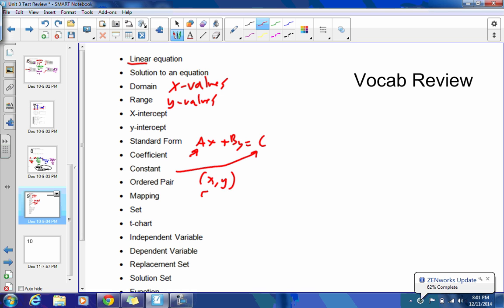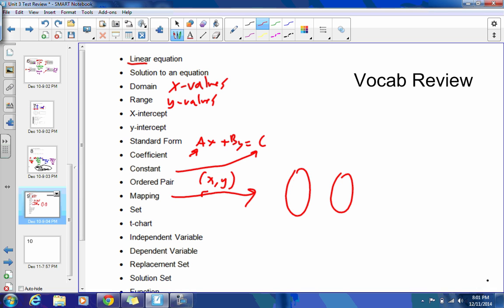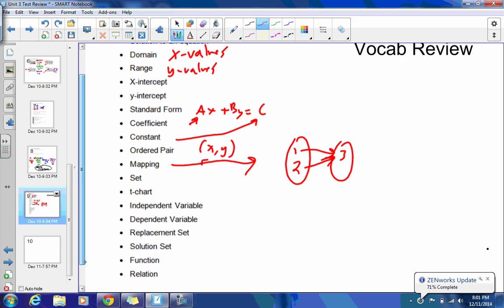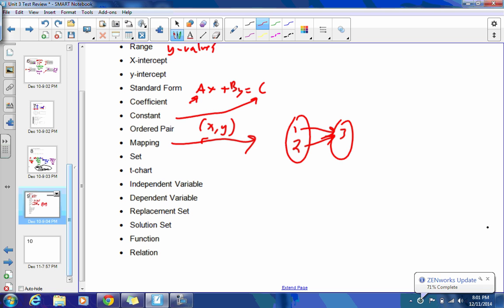Ordered pair is x, y. Mapping is something where you have something like this. Set is a listing, a t-chart. Independent variable is the x, and the dependent is the y. Replacement set is what we just did in the last one, and the solution set was your answer to that one.